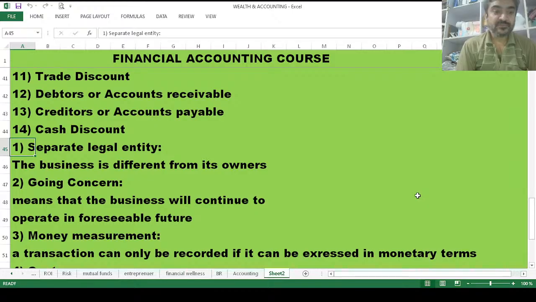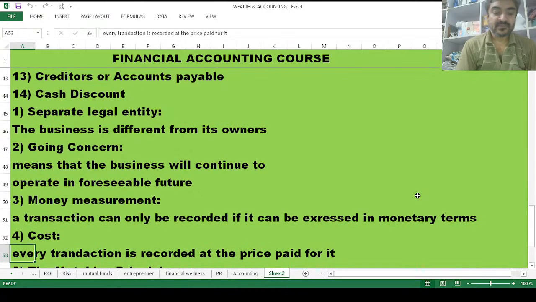Then we explored the going concern concept, which means that the business will continue to operate in foreseeable future. Then we discussed monetary measurement, which means that a transaction can only be recorded if it can be expressed in monetary terms.